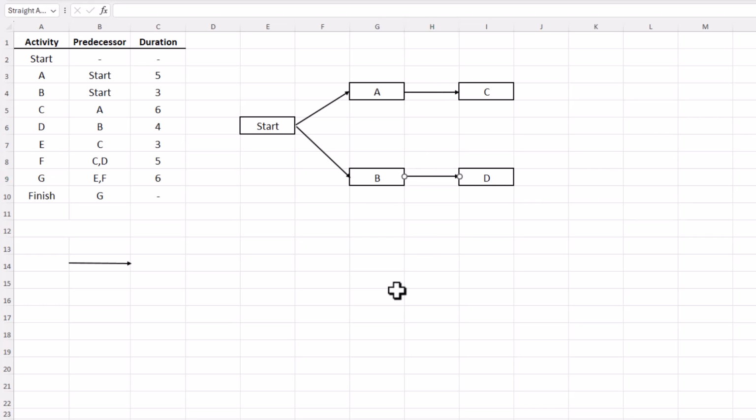Okay, now I'm ready to go to activity E, which is following activity C, or we can place activity E here. Again, with the arrow, connecting the two activities, and we go to activity F, which follows both C and D. I'll place F here.